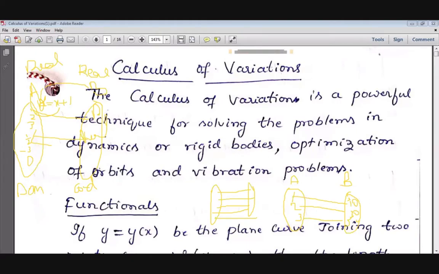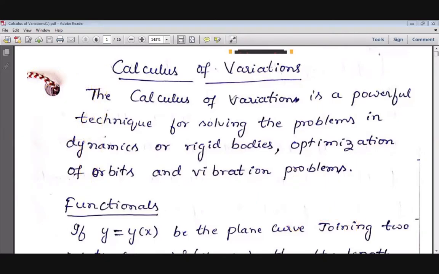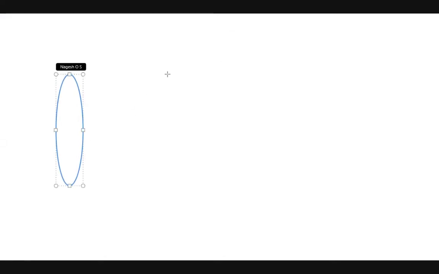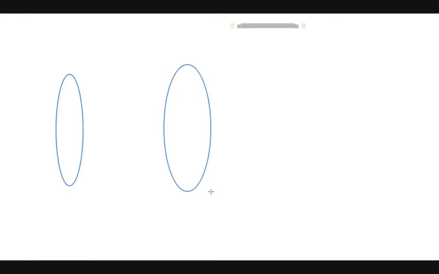Now we're going to see what is a functional. I will take a new whiteboard. Here I have one set, here also one set.